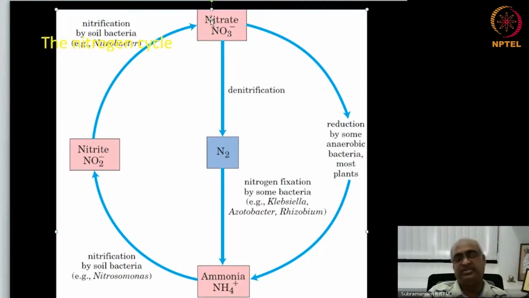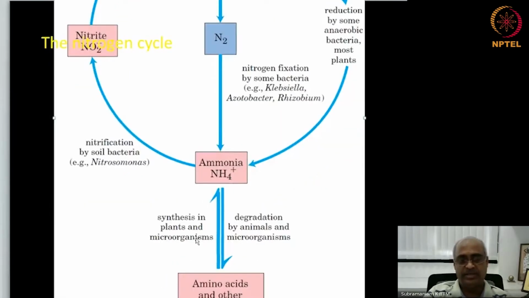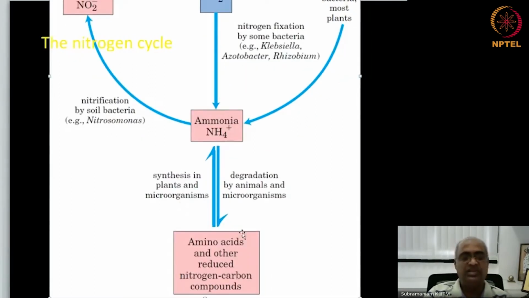Some of the nitrates are converted back into nitrogen gas by the denitrifying bacteria. So this is the cycling of nitrogen, and this ammonia incorporated into amino acids by plants and microorganisms is the one from which we get our amino acid nitrogen.